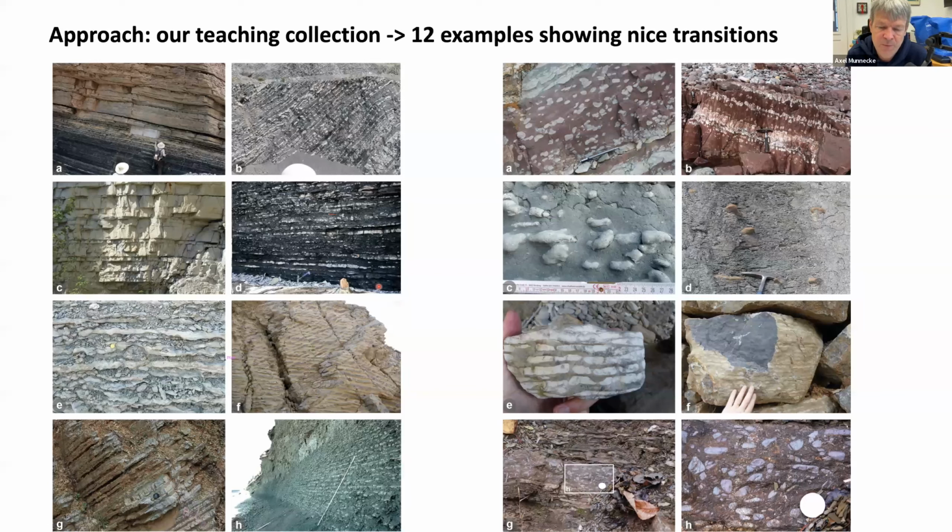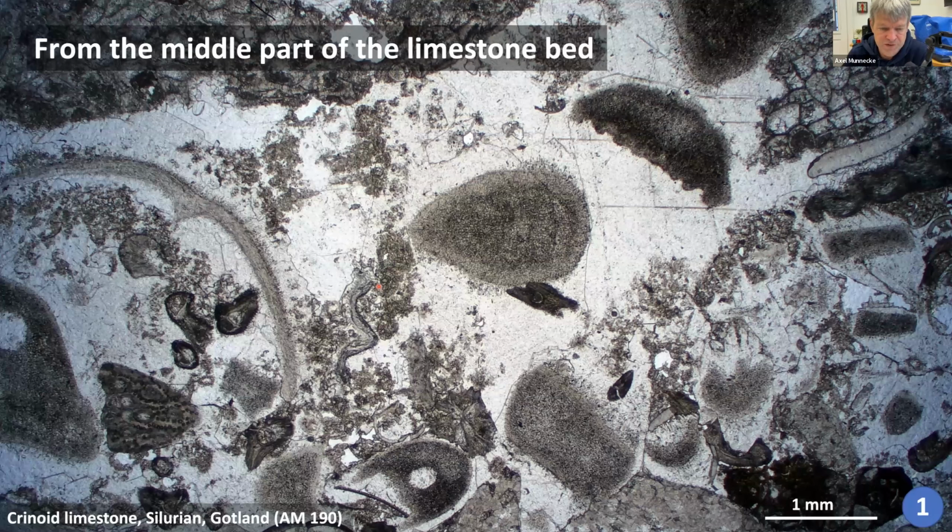I found 12 samples where the transition from limestone to the softer interlayer, marl, shale, as you would call it, is accidentally preserved. So not on purpose, only 12. This is a very low number because normally the material just falls off.